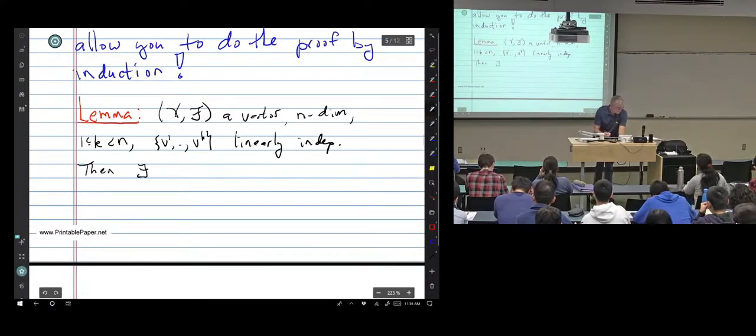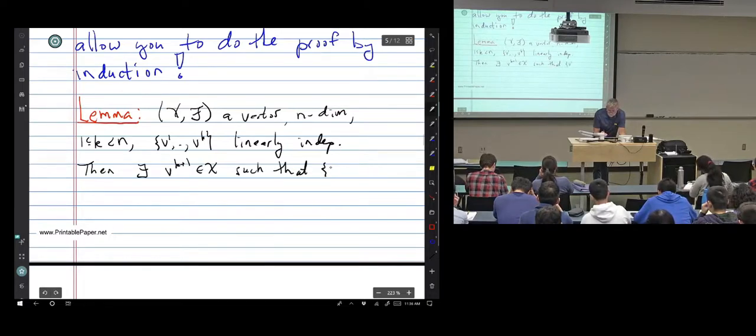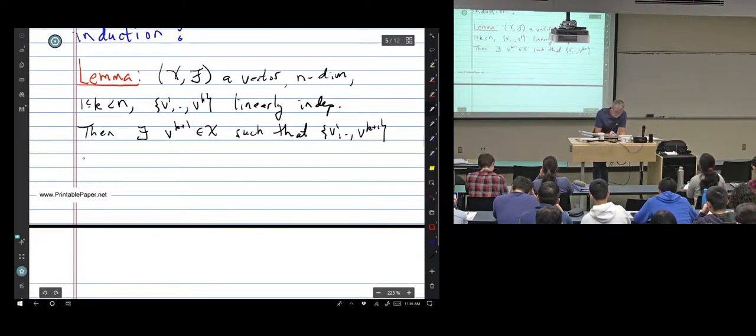Then there exists a vector we'll call vk plus 1 in X such that this set is linearly independent.